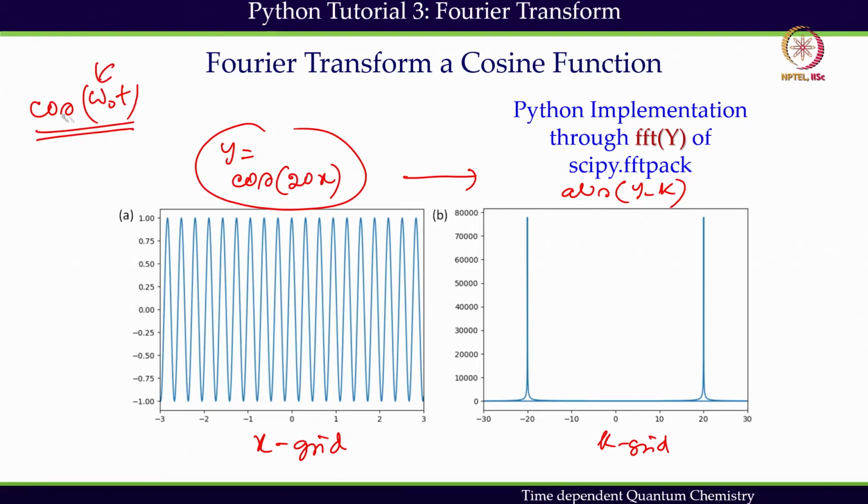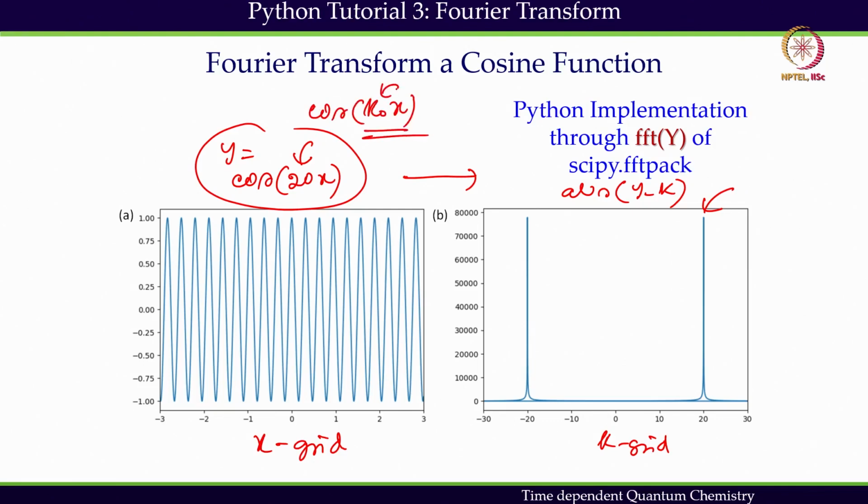Similarly, on the x axis, this is related to spatial frequency 20, and that 20 is now showing up here, this k naught value. This is actually cos k naught x, and the spatial frequency is defined by this k naught.